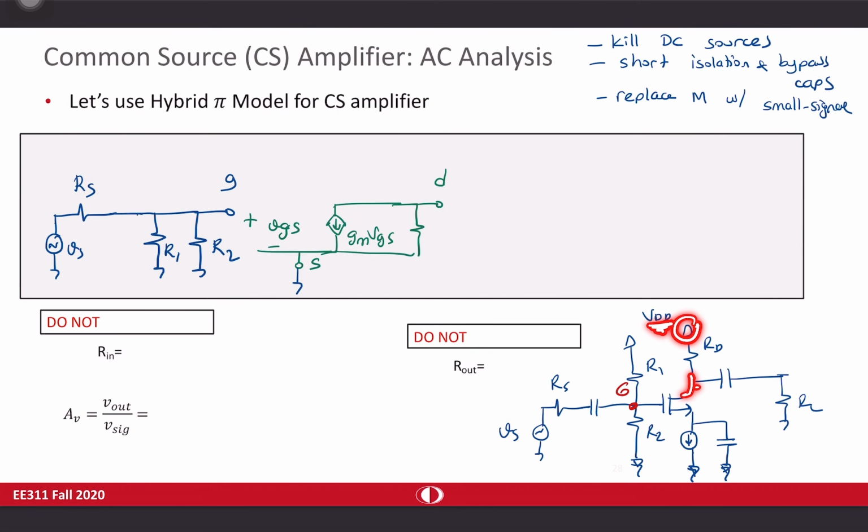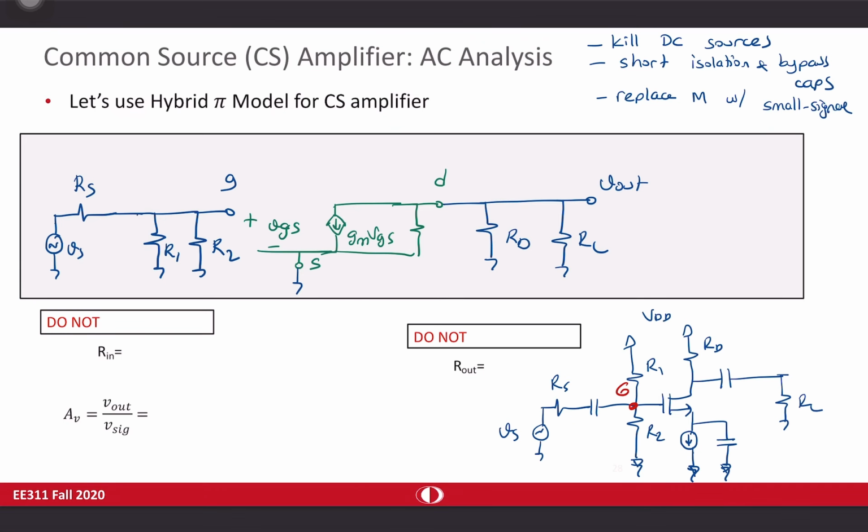And then this capacitance is shorted. RL will appear directly in parallel with RD. So the equivalent circuit will be this one. There is RD and there is RL. And this will be my Vout. So this is my small signal model for the common source amplifier.